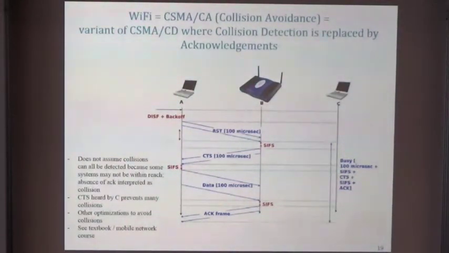The acknowledgement is sent from B, and while this shows that it goes to A, it's sent in all directions. So C will see that A and B have started to send something. Of course, during the period when you send the RTS, C doesn't see it, and there could be a collision that kills the RTS, but we minimize the duration of time during which this can occur.